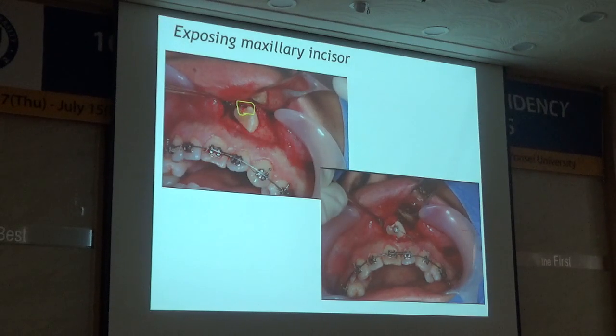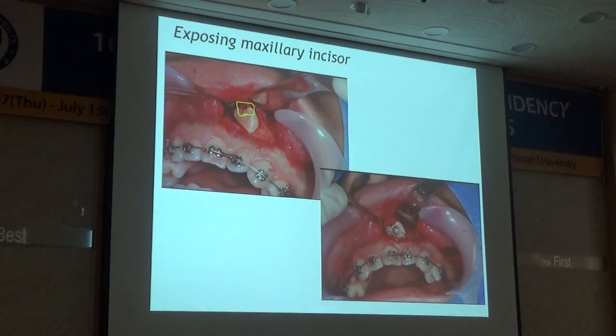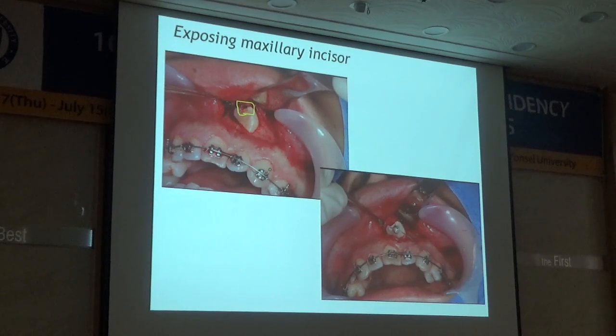And if there is a coronal or structural defect on the impacted tooth, you may have some difficulty when you attach the orthodontic appliance because of the abnormal enamel structure.